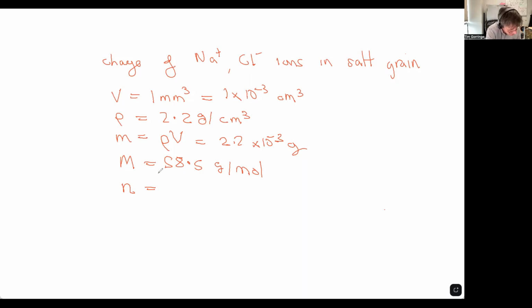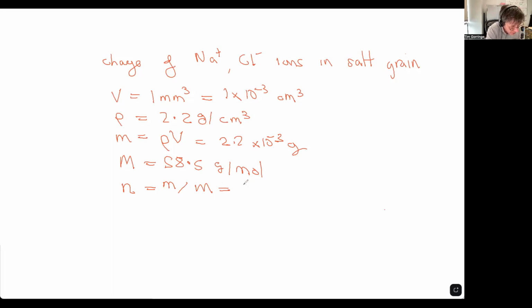All I've got to do is take the mass of my particular sample grain of sodium chloride, that's the lowercase m, divided by the molar mass, that's the mass of 1 mole of sodium chloride.